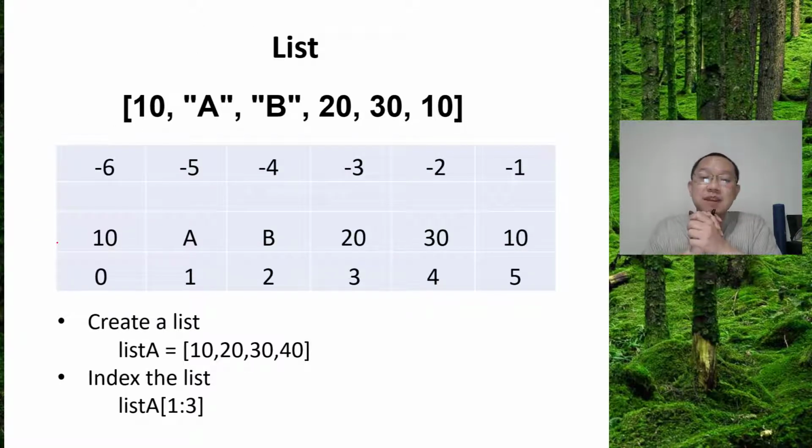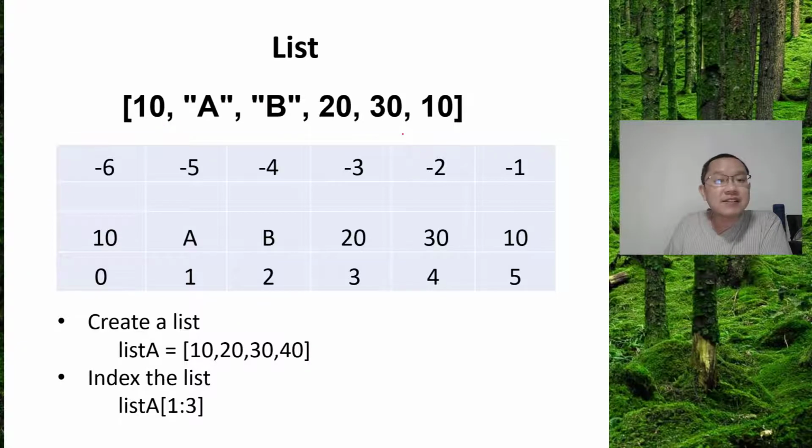Next data type is the list. This is an example of a list. We create a list by using square brackets, and separate the values or items inside the list by commas.